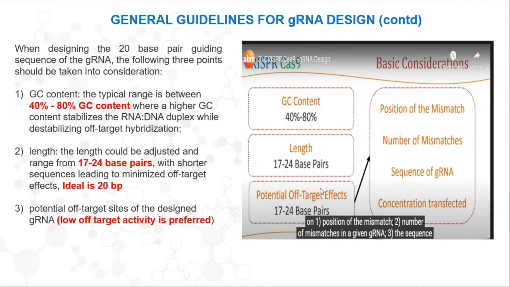Then the number of mismatches: imagine there was a sequence with only one mismatch, and another with, say, 5 mismatches. You would always prefer the one with a single mismatch. Then the sequence of the guide RNA and the concentration which is going to get transfected. Although it is not a big concern in the beginning stage, it is also a matter that needs to be considered when planning an experiment.